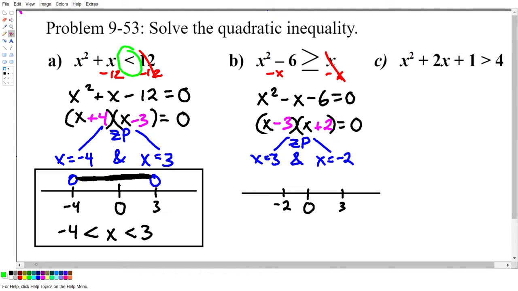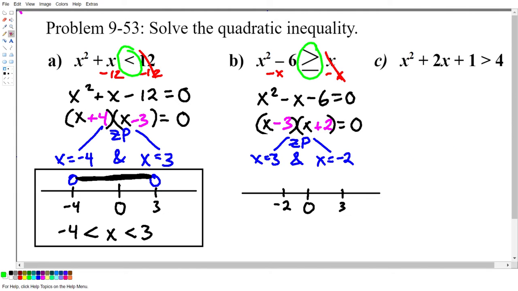Okay, let's decide if our circles are going to be open or closed. Remember, open circles are if it's greater than or less than. Closed circles are if it's including the numbers, greater than or equal to or less than or equal to. It'll be closed if it's equal to. As we can see in this case, it's going to be a closed circle.